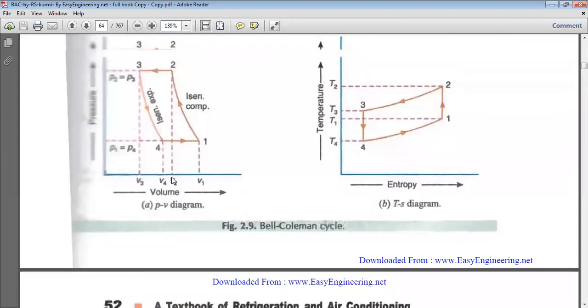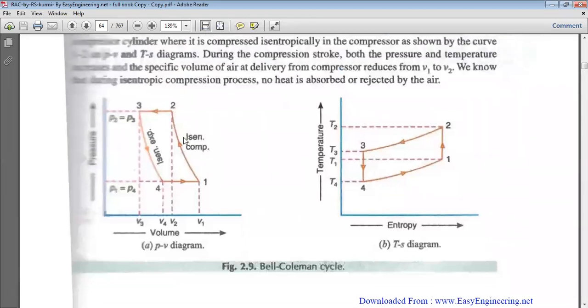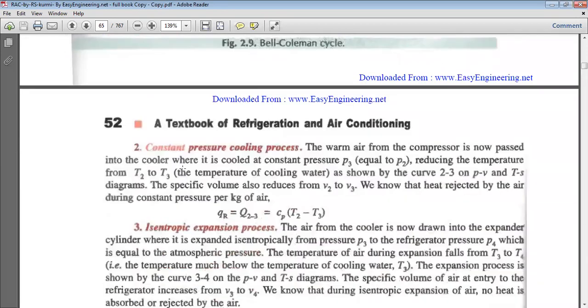Therefore, Q12 is 0. Q12 is 0 because it is an isentropic or adiabatic process, so heat transfer is 0. In the 1-2 process, the heat transfer is 0. But what happened in 2-3? Heat rejection. Therefore, heat is rejected at a constant pressure in the cooler. We can call it QR or Q23. That is nothing but the heat rejected by the air during the constant pressure process per kg of air.